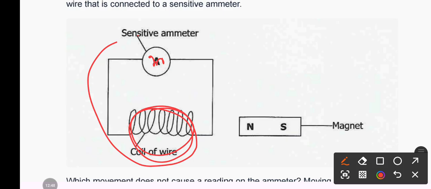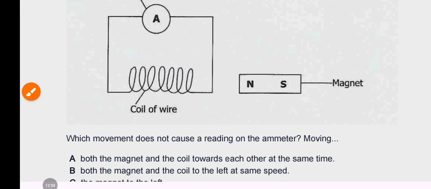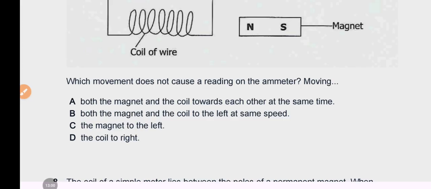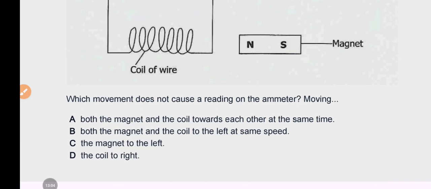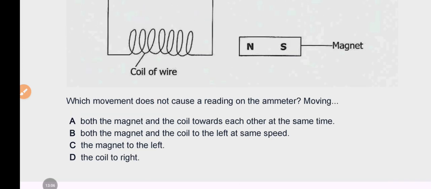Therefore, we are considering the factor that does not cause the coil to experience a change in magnetic field in this question. Let's check option A. Option A says both the magnet and the coil move towards each other at the same time.